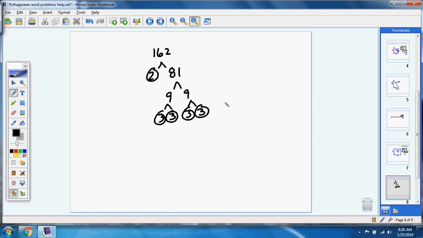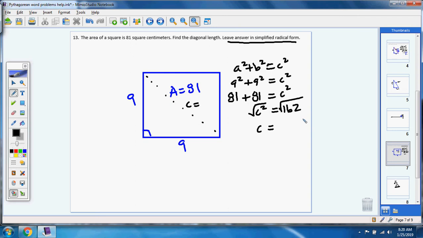All right, do we have any pairs? We see a pair of 3s. But we see an additional pair of 3s. So maybe we can do it in our head here. If I have a pair of 3s and I have another pair of 3s, we want to figure out, again, what goes outside and what goes inside.